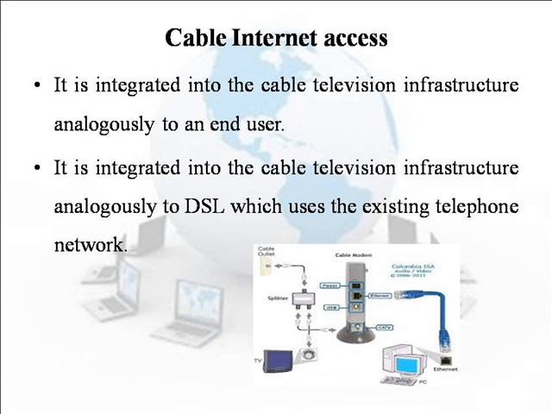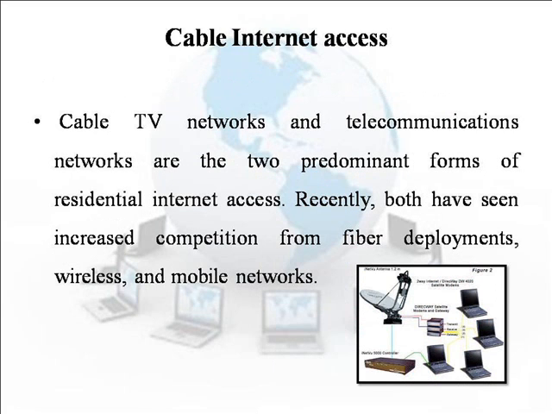It is integrated into the cable television infrastructure analogously to DSL, which uses the existing telephone network. Cable TV networks and telecommunication networks are the two predominant forms of residential internet access. Recently, both have seen increased competition from fiber deployments, wireless and mobile networks.